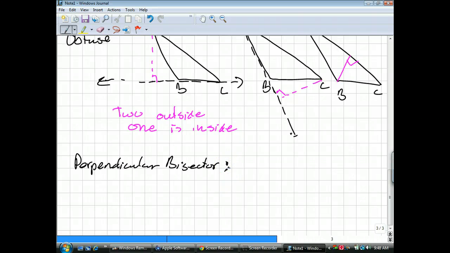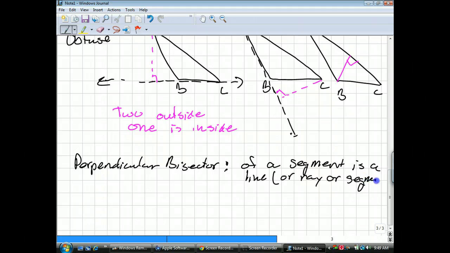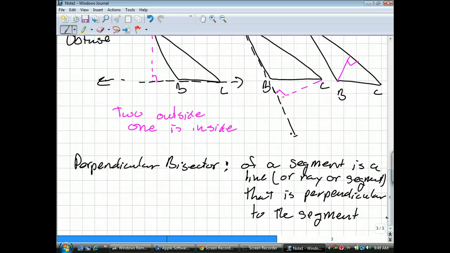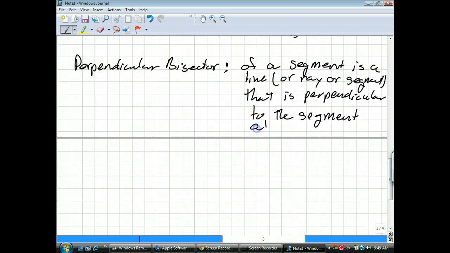And it's defined, the perpendicular bisector of a segment is a line or ray or segment that is perpendicular to the segment at its midpoint.